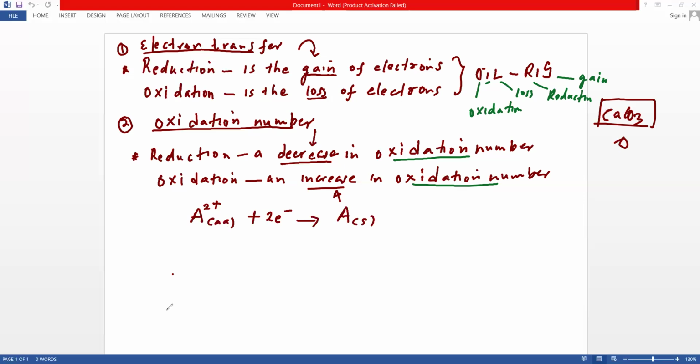Then I'm going to change it this time around. It's A as a solid that gives rise to A 2+ aqueous plus 2 electrons. So these are two reactions, number 1 and number 2.